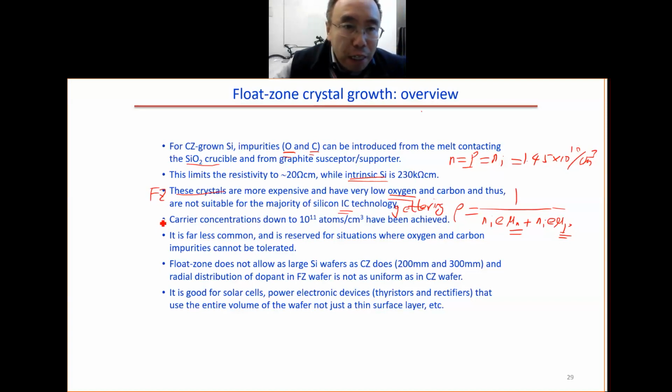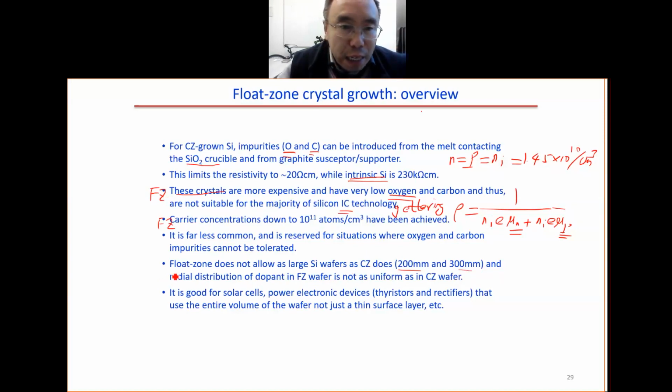For the float zone, we can get carrier concentration down to 10 to the power 11. You see, the intrinsic is 10 to the power 10, so this 10 to the power 11 is very, very low. It is not as common as CZ grown silicon because it is more expensive. And it cannot grow 200 or 300 millimeter wafers.